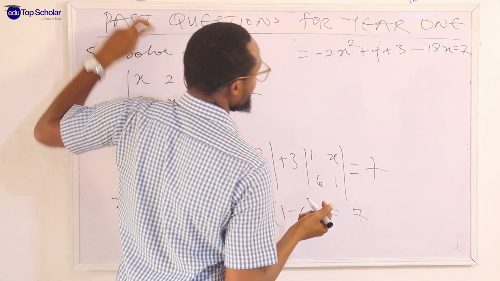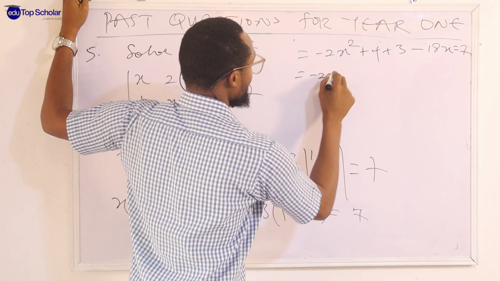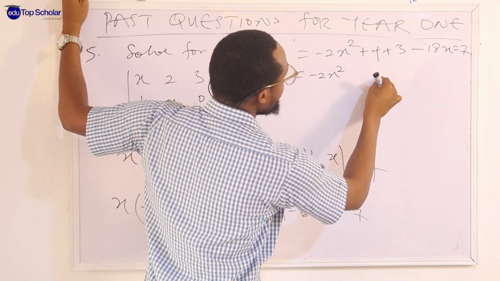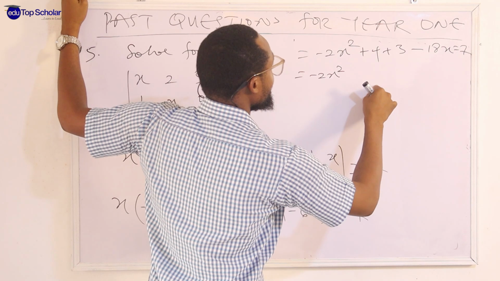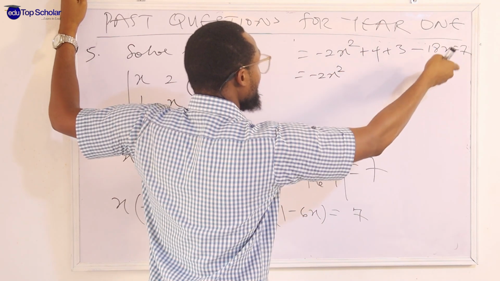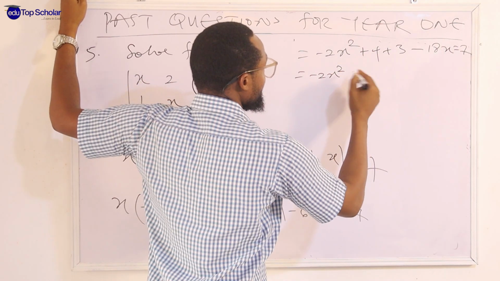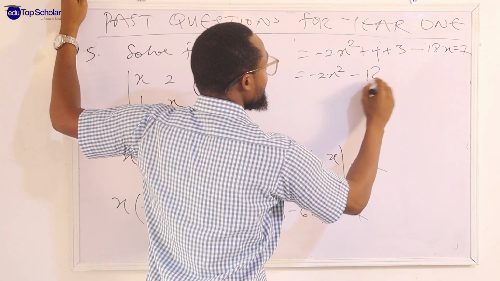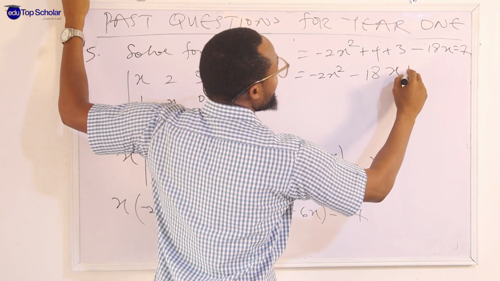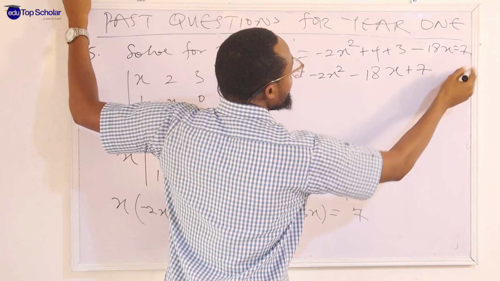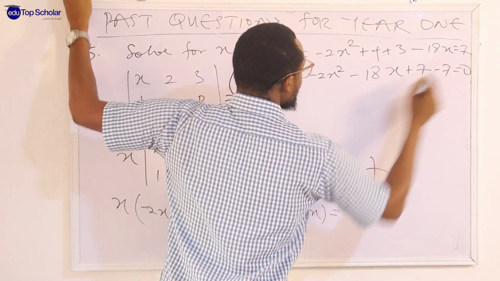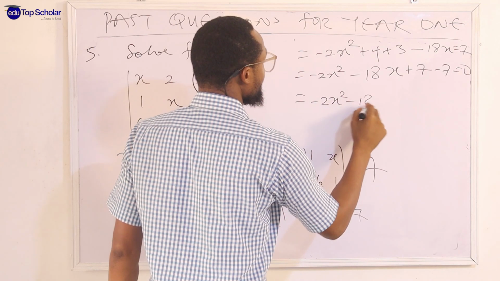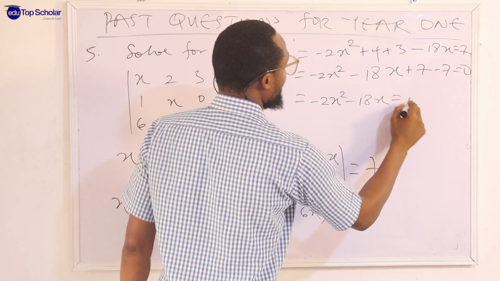So we can now reduce this. This is minus 2x squared minus 18x plus 7. If I bring 7 inside, it will cancel: minus 18x plus 7 minus 7 equals 0. So we now have minus 2x squared minus 18x equals 0.